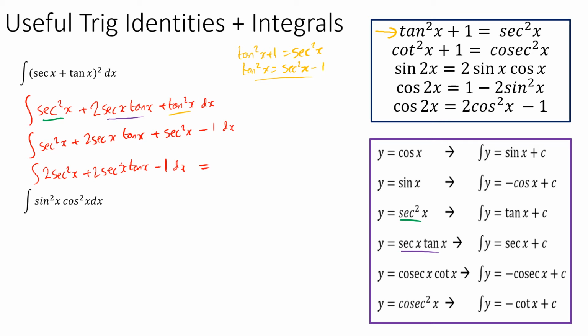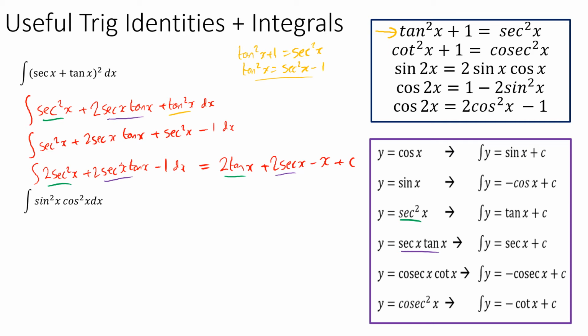Well, sec squared is going to go up to tan, so we're going to have 2 tan x from our 2 sec squared, and then our 2 sec x tan x is going to go to 2 sec x, again using our sec x tan x integral, and then 1 on its own is just going to go up to minus x, and then we should have a plus c, and that's it.